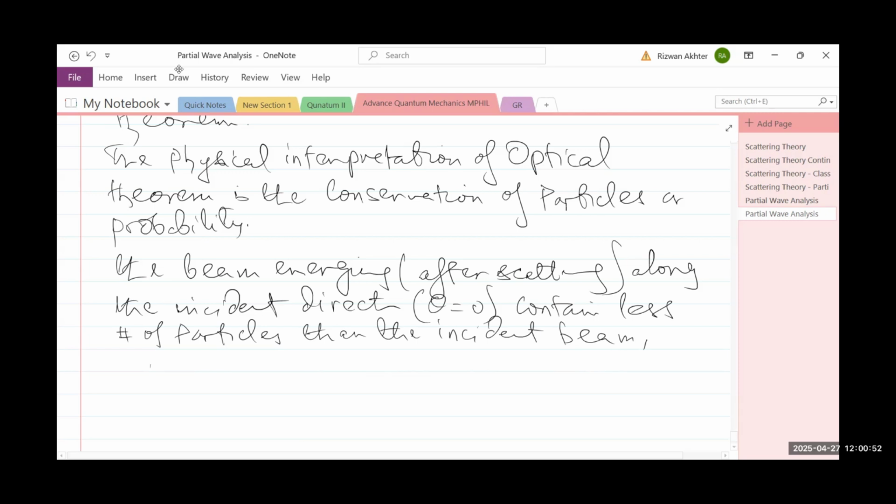We have here the incident direction theta contains less number of particles than the incident beam. And why is that?